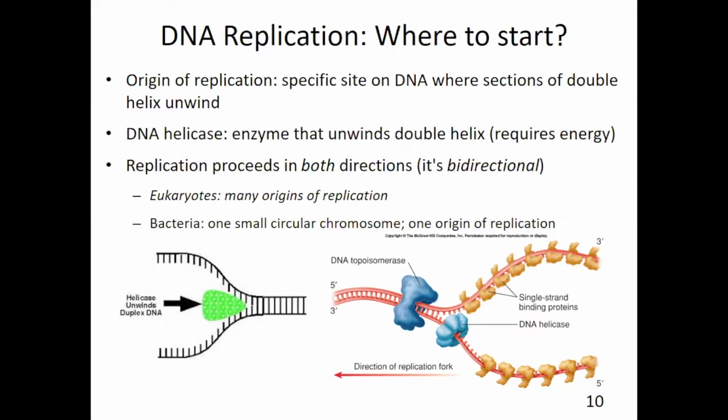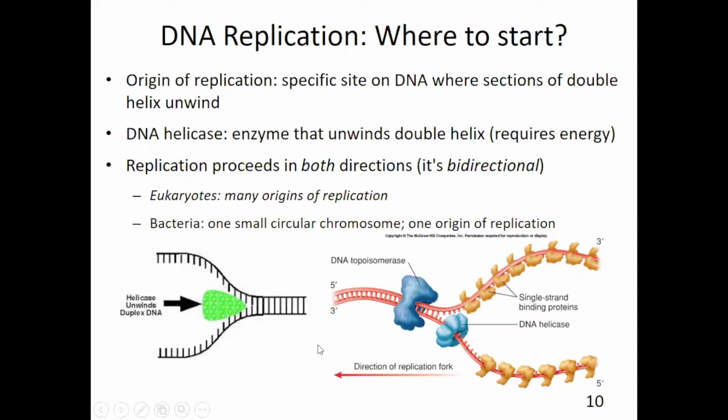Because DNA in eukaryotes is linear, it's one long strand. Our chromosomes will have many different origins of replication occurring throughout the length of the chromosome.